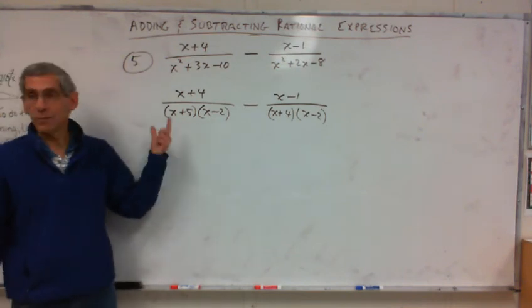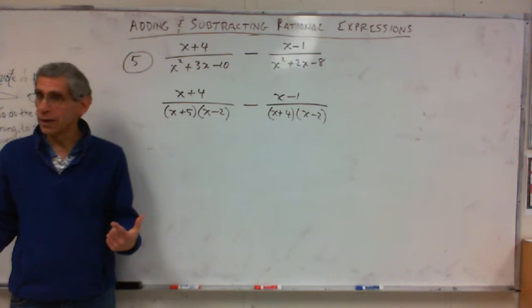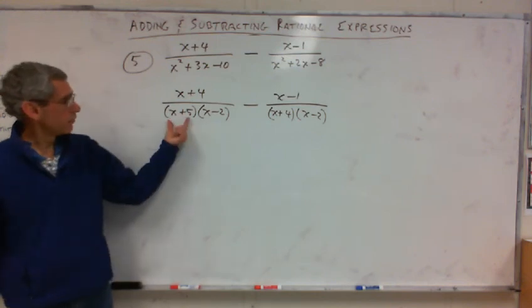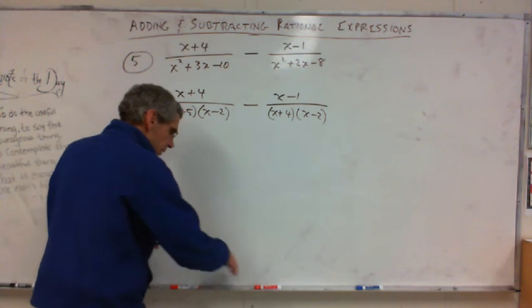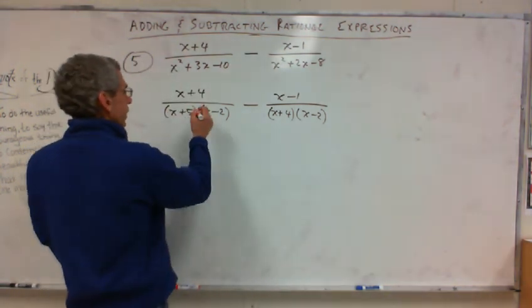What I'm doing now is seeing if I have common denominators. So I have an x plus 5 and an x minus 2. The only thing I have in common is the x minus 2.